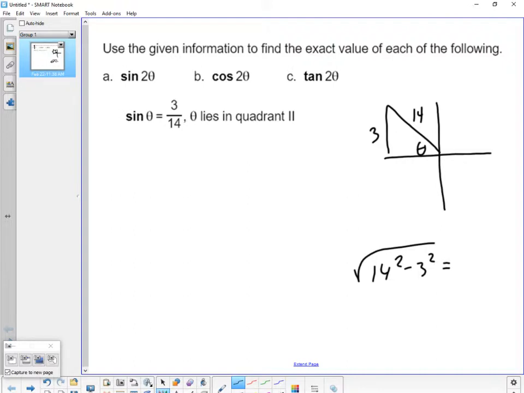It's not a nice one. It's the square root of 187. Is that simplifiable? I don't think it wants to.